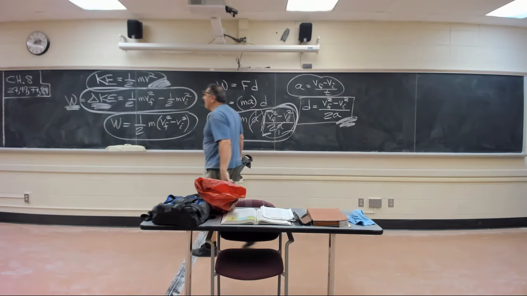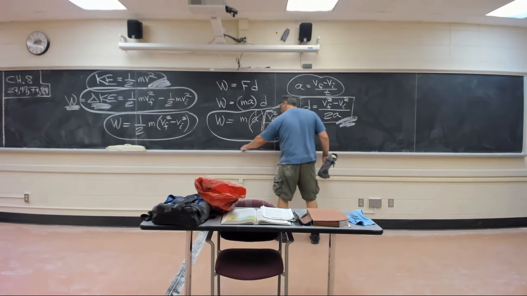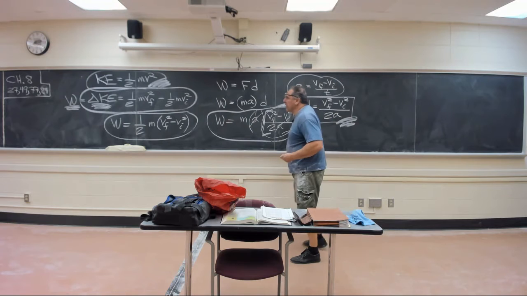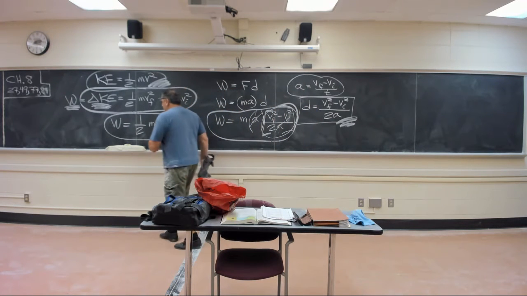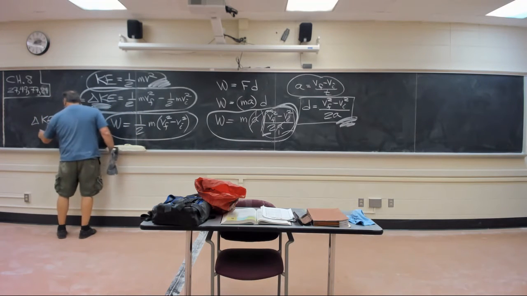Oftentimes there's more to this than meets the eye, you guys. The work right here is equal to the change in kinetic energy. Delta KE is the work that was done.